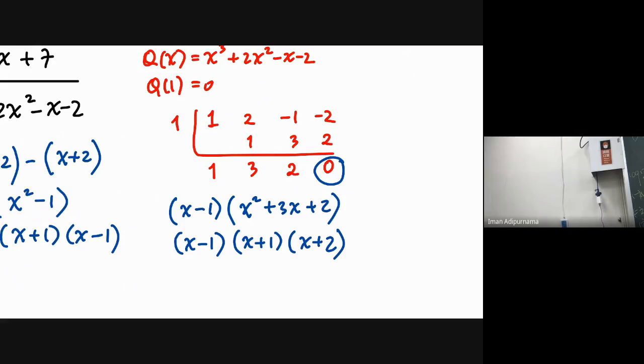So you can see, if you can manipulate the algebra and factorize the x squared, you can see that it has the same x plus 2. But if you cannot think like the left one, you can just use this: see whether you can find any number that gives 0. That will be your factor, and you can get the same results.